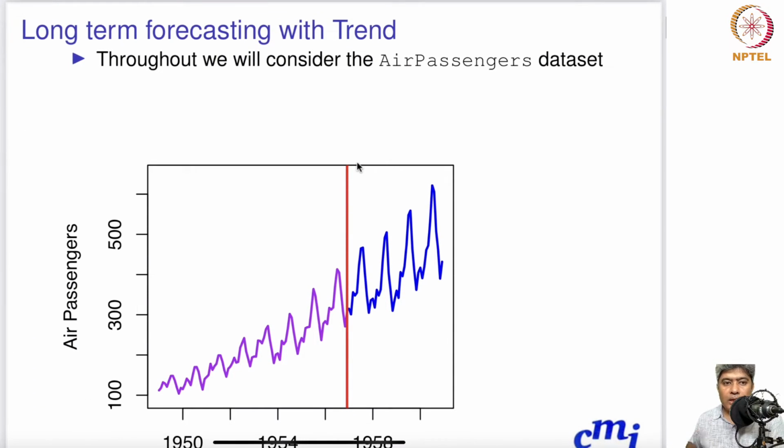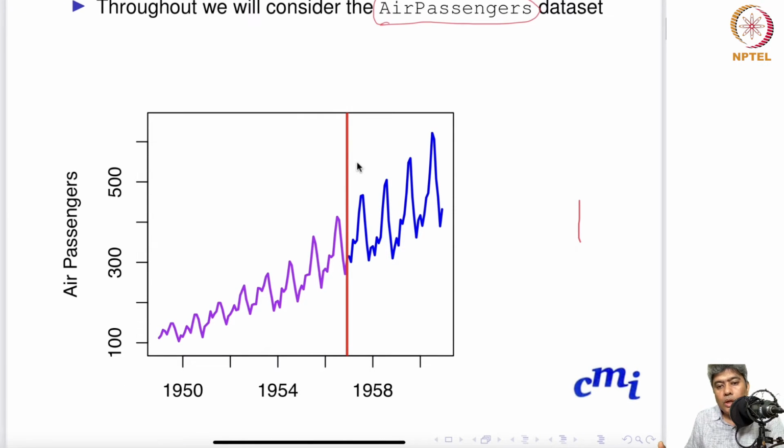In order to understand long-term forecasting with trend, we will consider the AirPassengers dataset. This is a small dataset but very good for understanding the concepts. As I discussed in my live session, small datasets are good for understanding basic concepts, and in the hands-on we will use longer and more complicated big data.